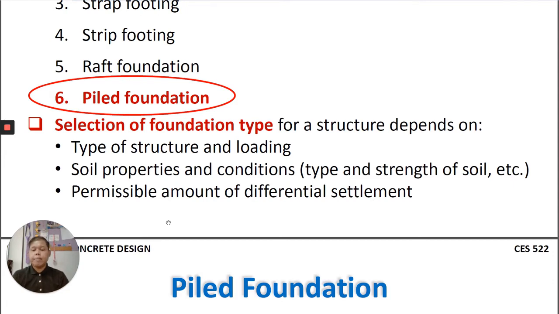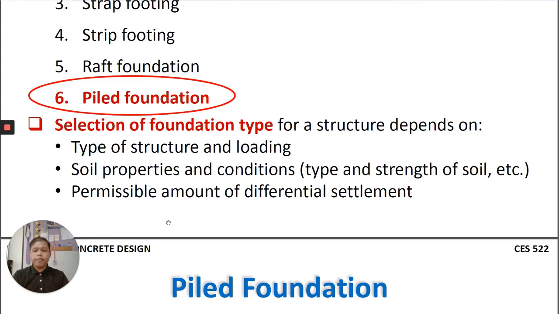The third one is the permissible amount of differential settlement. Because if we have a non-homogeneous settlement of the soil, there is a possibility of crack or failure of the structure when we apply a load or after we use the building.